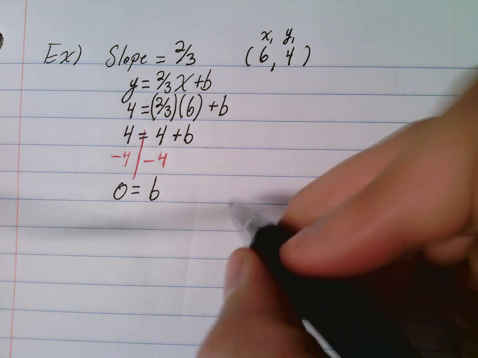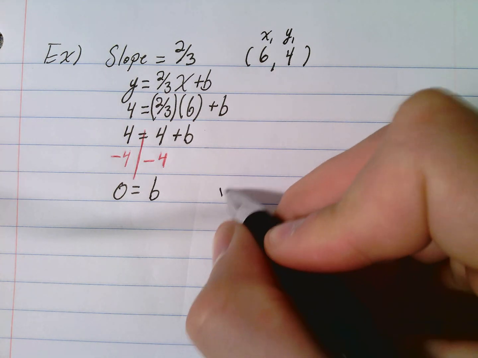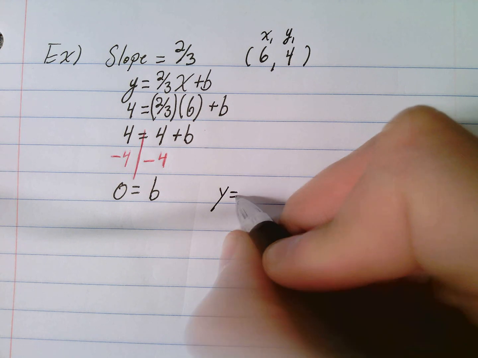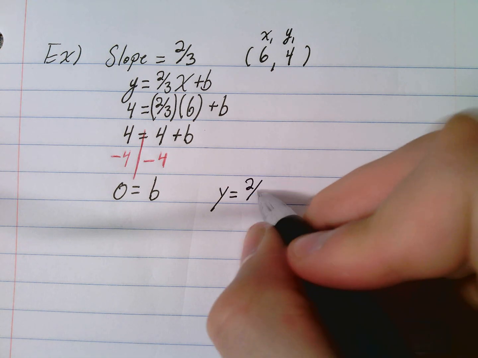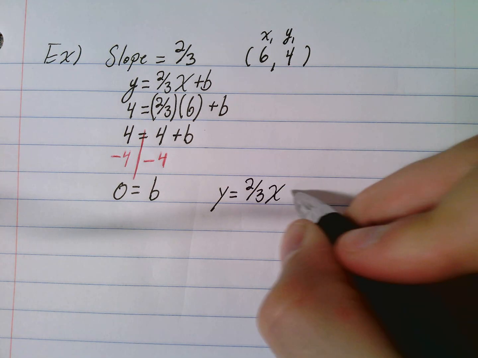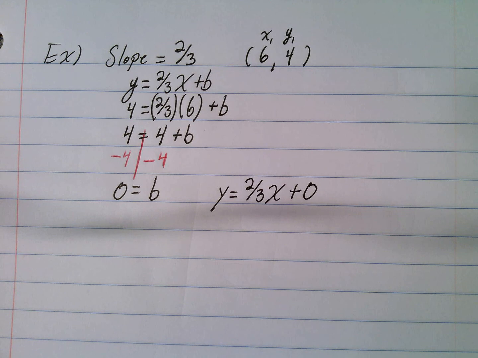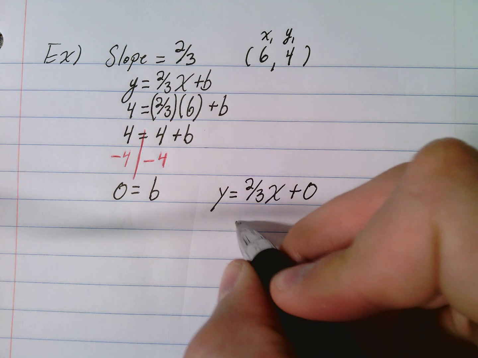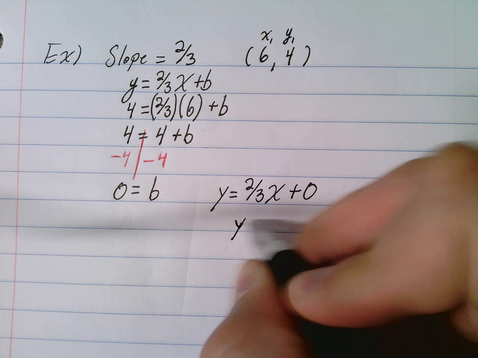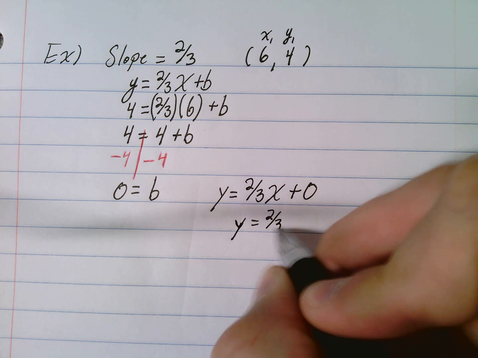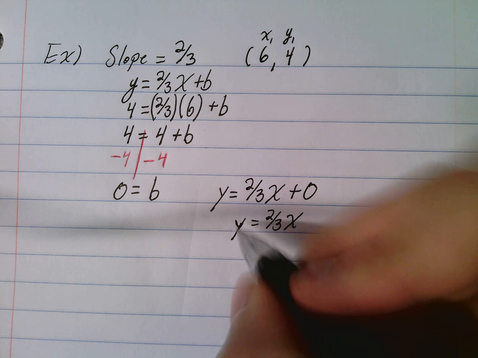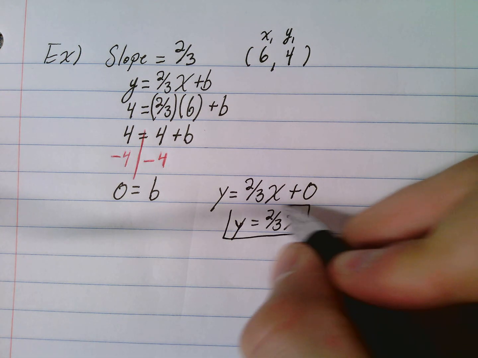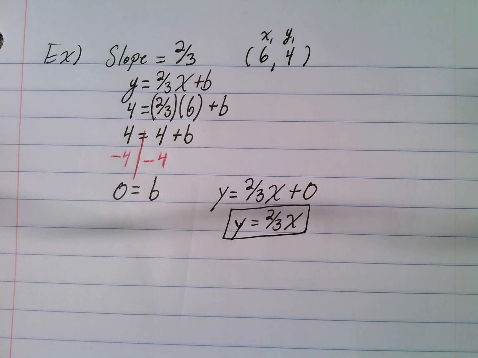What would my equation be? Plus 0. Do I have to write the plus 0? No. So let's just leave it as y equals 2/3 x. And that's really about as tricky as we can make these.